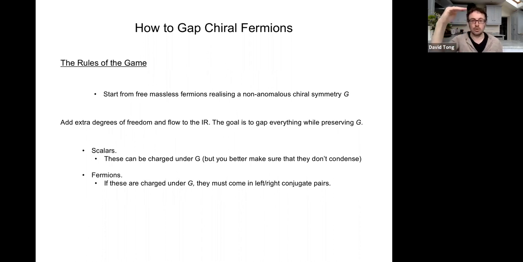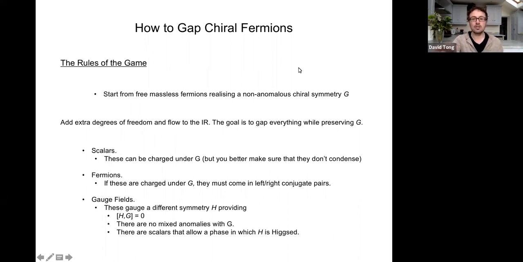It's just needed so that you can make them massive to begin with while preserving G. Finally, as Tuhin already realized, if you really want to drive strong coupling effects in 4 dimensions, and this idea of symmetric mass generation requires strong coupling effects, you need to have some non-abelian gauge dynamics somewhere in the game.